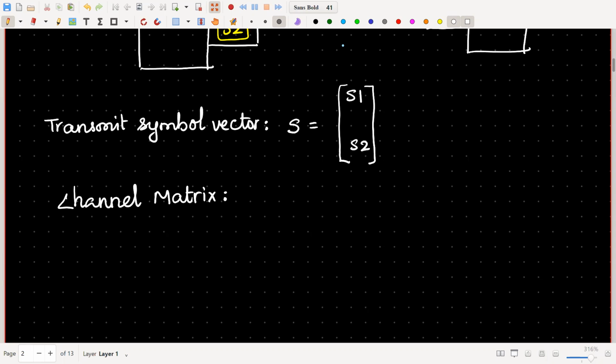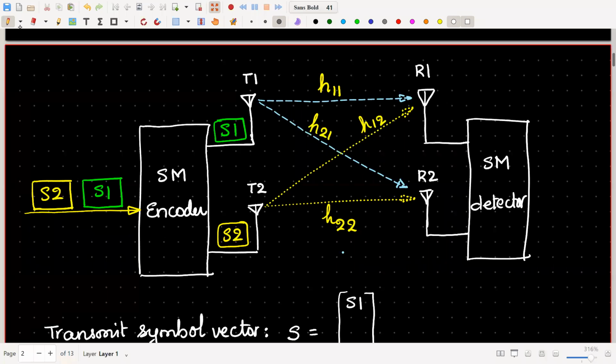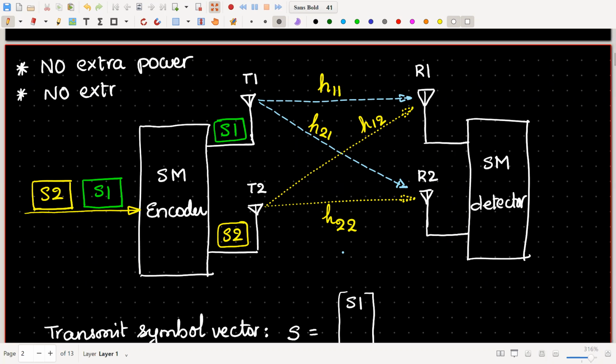The beauty of spatial multiplexing is that you are not using extra power to transmit different symbols, and also no extra bandwidth. Over the same bandwidth you're transmitting different symbols. So this is what improves the spectrum efficiency. Spectrum efficiency can be improved with this spatial multiplexing concept.